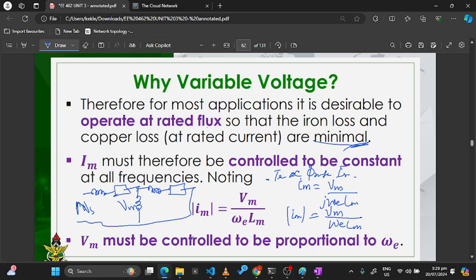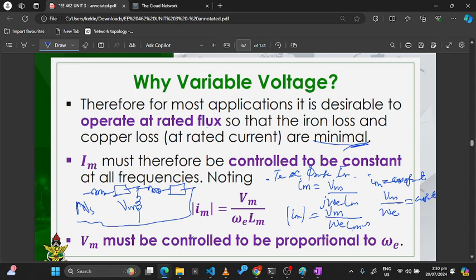Okay. So Lm, the inductance of the magnetizing branch, is constant. Then if it is constant, it means for Im to be constant, Vm divided by omega E must be constant.